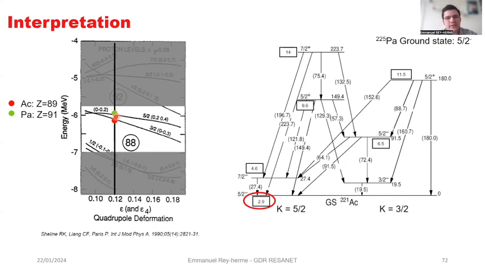But the actinium isotopes are predicted to have lower quadrupole deformation than their protactinium parent nuclei. And thus the deformation of actinium-221 and 223 would be more around here. And the ground state would then also be the 5/2 because of this orbital crossing here.